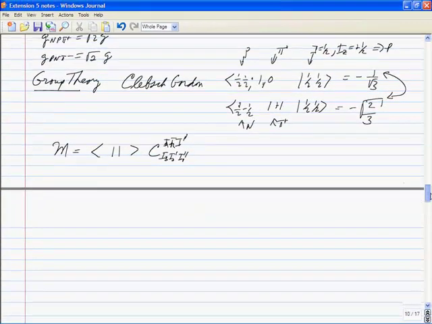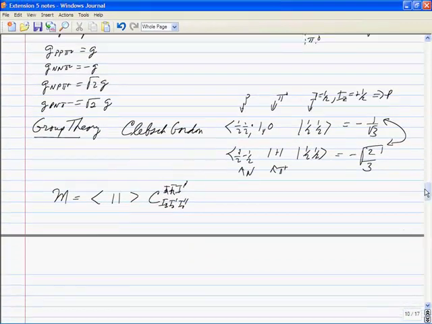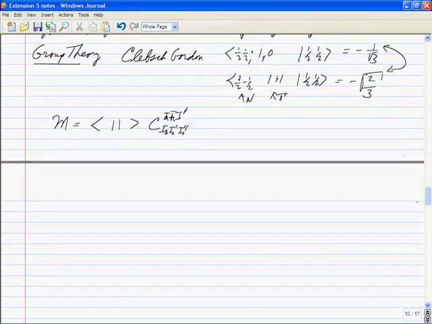In the SU(2) case, it's not that hard to do some of these calculations, but in SU(3) or SU(4) cases, it's much easier to do it this way.